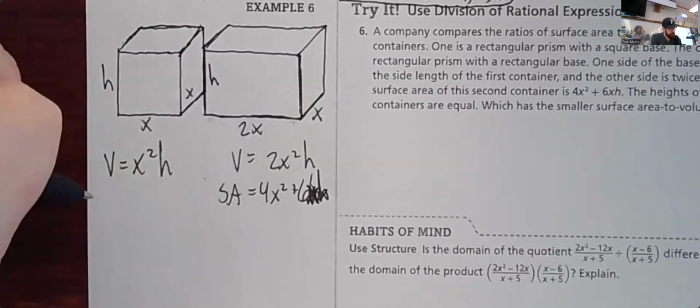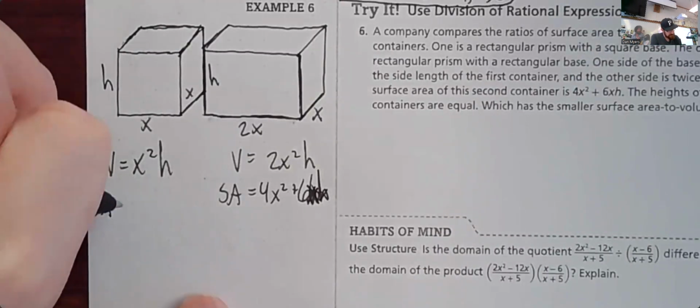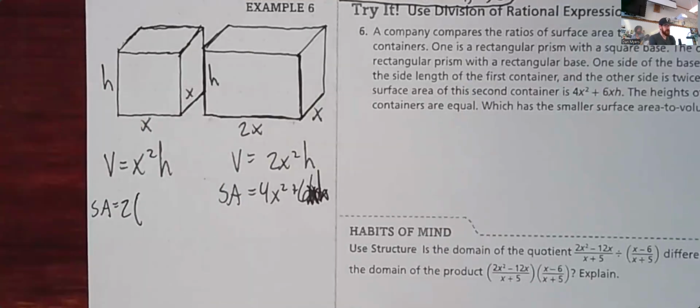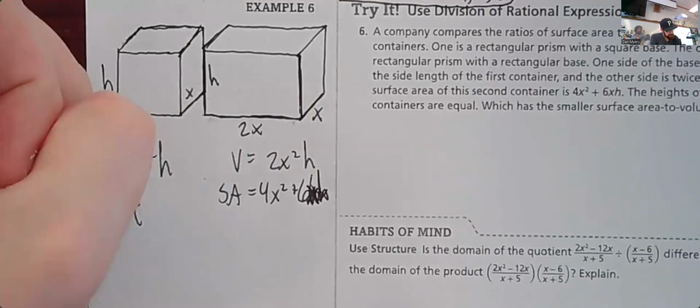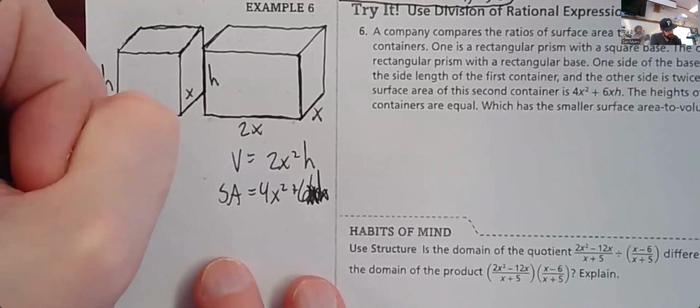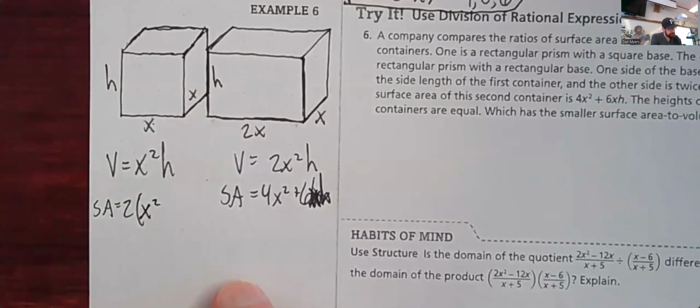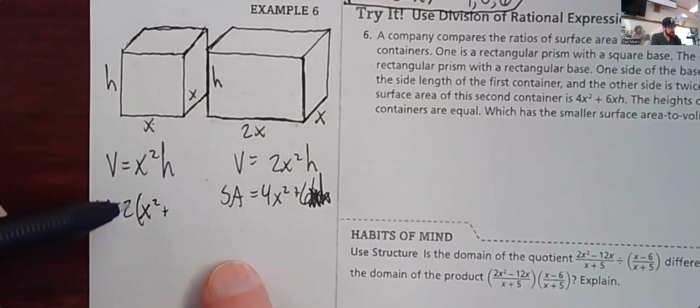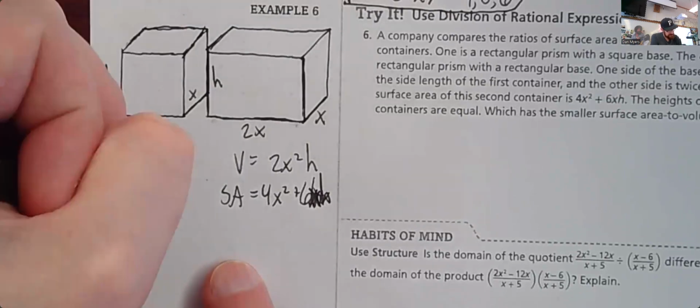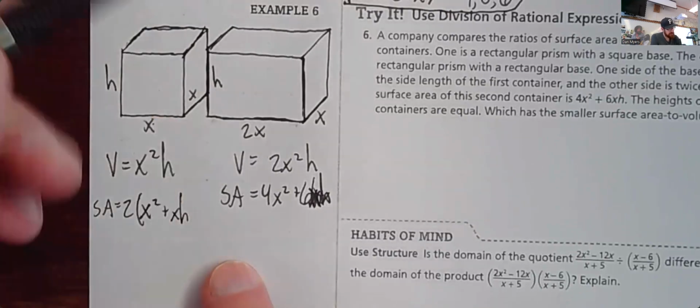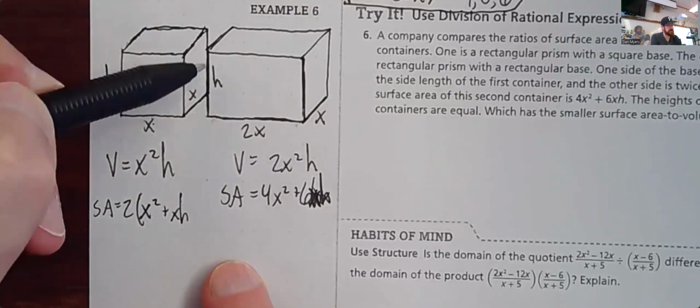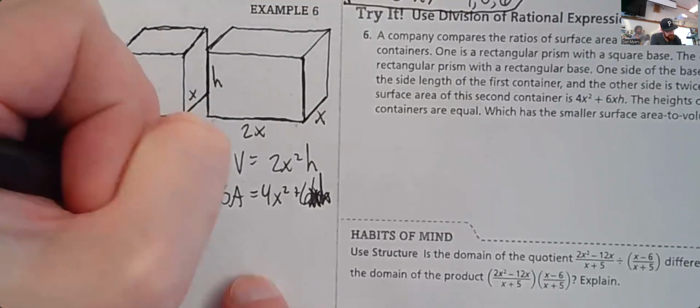So surface area here we can say is equal to 2 times, let's see, the bottom is x times x. So that's x squared. Plus, so the top and the bottom are each x squared. So that's what the 2 is for. 2 times each area of each side. The front is going to be x times h. So that'll be plus xh. And then the left and the right will also be x times h. So that'll be another plus xh.